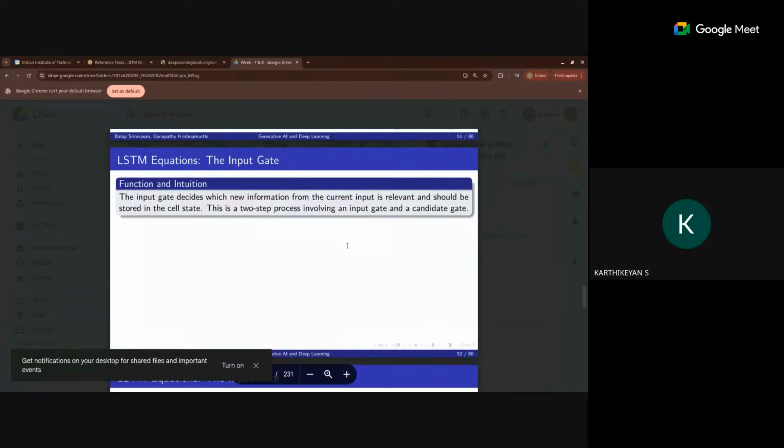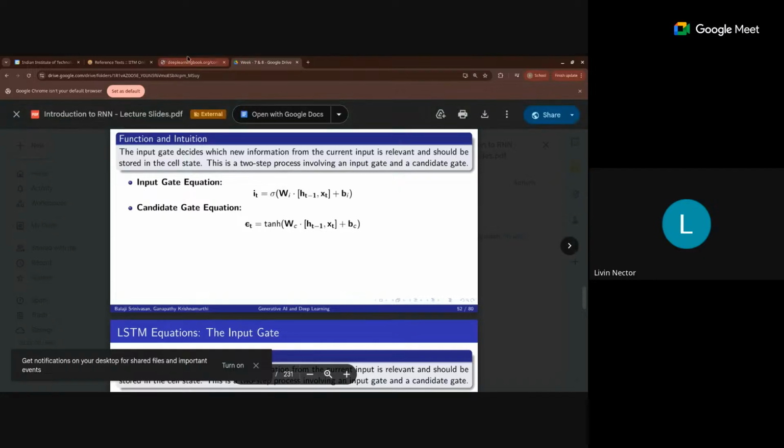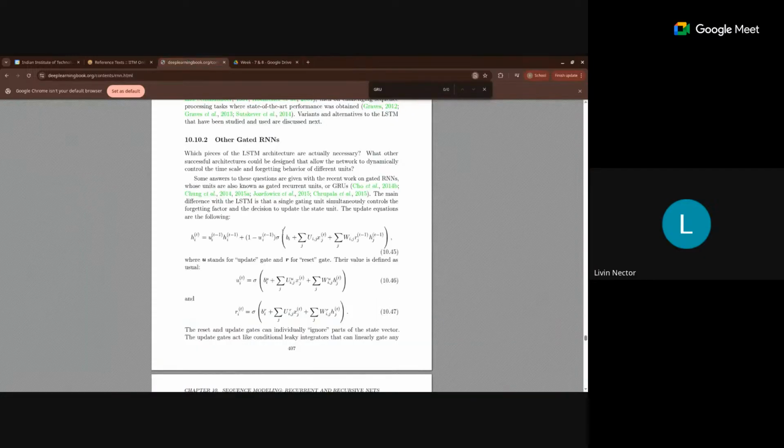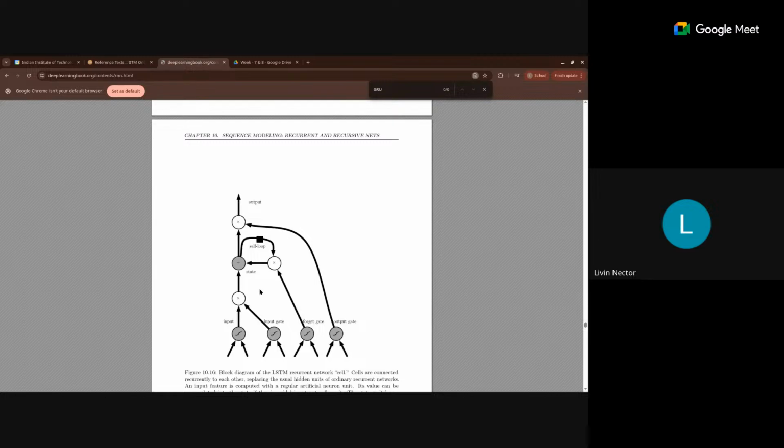In the week 7 lecture, he was saying this problem of diminishing gradient is there, and LSTM and GRU are advanced things which take care of it. But how it is taking care, maybe the slides should show it. Actually, there was a resource in which this is discussed. Let me check.